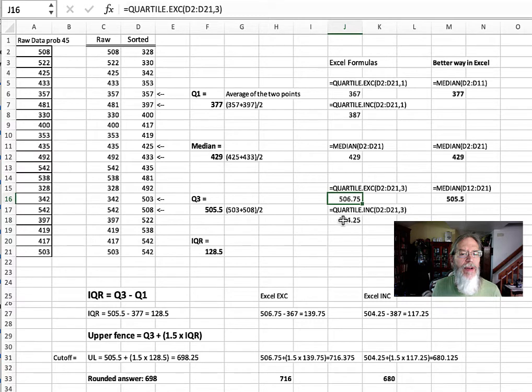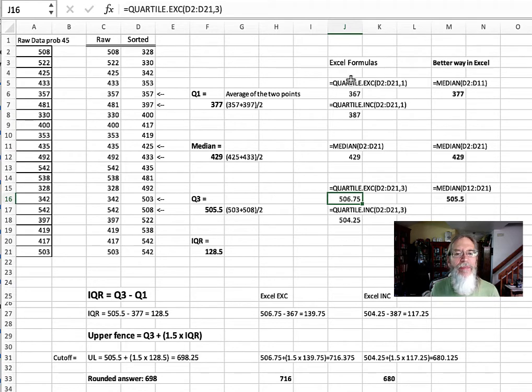For exclude, we've got 506.75 minus 367. I plug that in and get it rounded to 716. If I do the include, I get 680. So kind of quirky. I'm not really happy with those numbers. You're only going to get them when you use quartile in Excel.